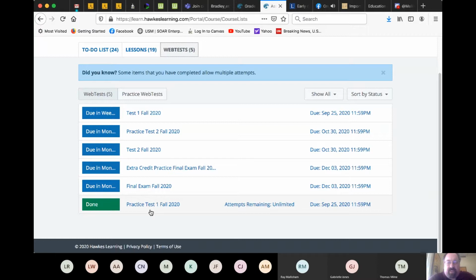So a practice test does not have a password. It has an unlimited number of attempts. So I urge you to make the centerpiece of your test preparation taking the practice test. In fact, I would suggest go through it once and then if you can go through it a second time, subjecting yourself to the time limit.